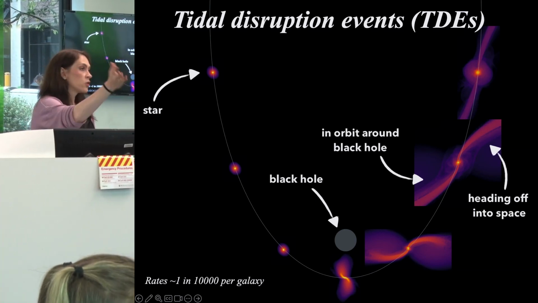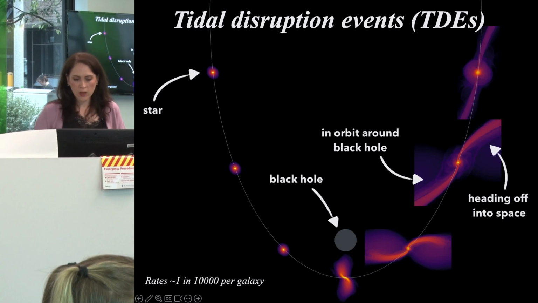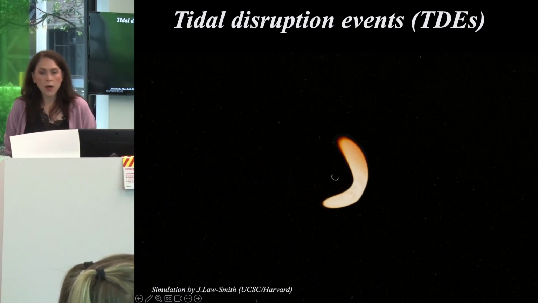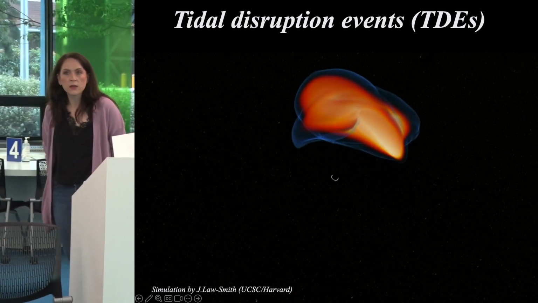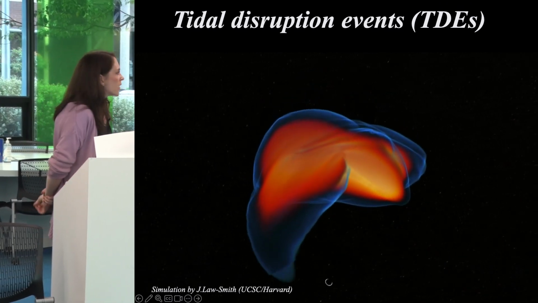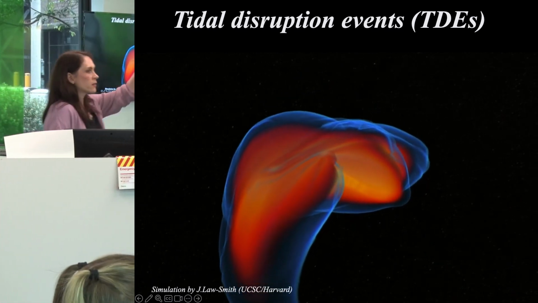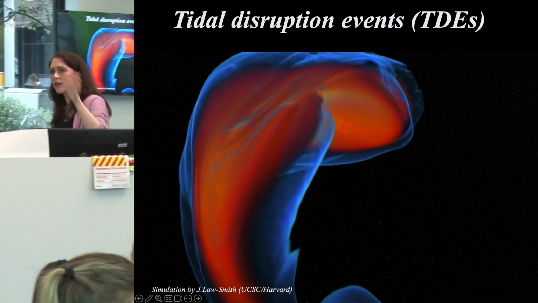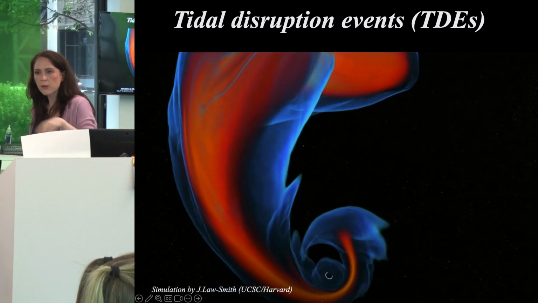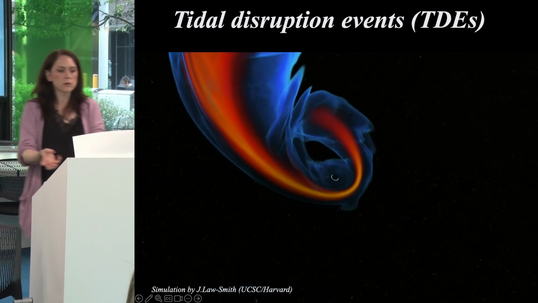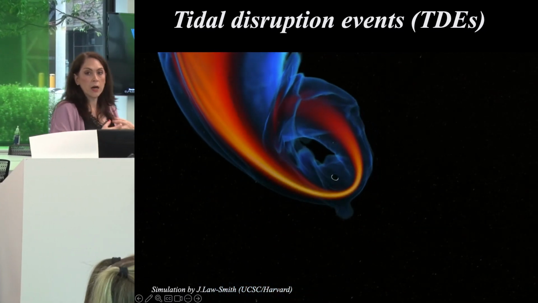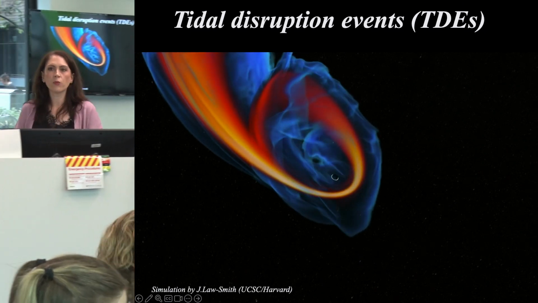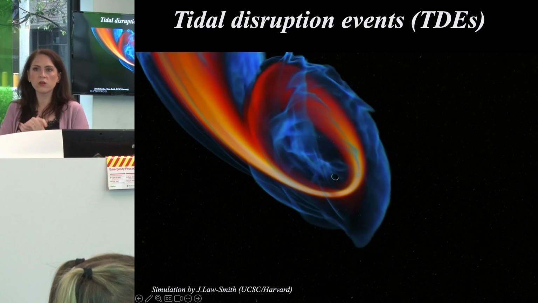Of course, we have this beautiful cartoon image, but I have to show you this beautiful simulation, where we can see the star being disrupted, with parts of the material being thrown out into the environment, which won't necessarily accrete onto the black hole. As we zoom in, you'll notice that some of the gravitationally bound material is starting to form an accretion disk, which will then be actively accreted onto the black hole.